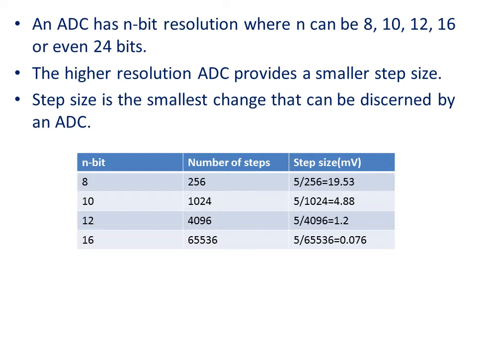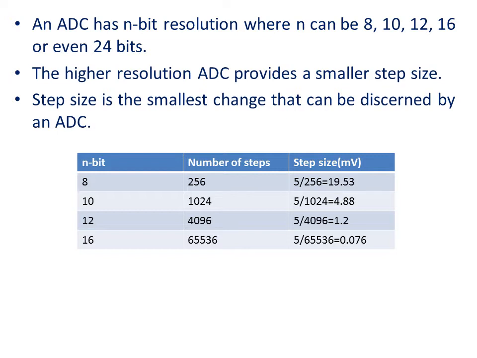In the table, we can observe that for 8-bit ADC, the number of steps will be 256 and the step size will be 5 divided by 256, that is 19.53 millivolt. Here VCC is 5 volt. For 10-bit ADC, the number of steps will be 1024 and the step size will be 4.88 millivolt.